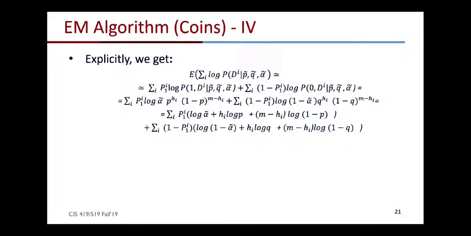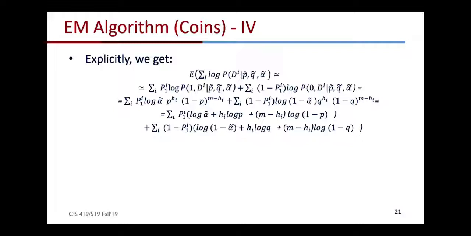Now everything becomes simple because we can write down these sums. So what are these sums? This is the sum over the data points of P1i log probability in the case that the coin name is 1, plus 1 minus P1i log probability when the coin is 0.